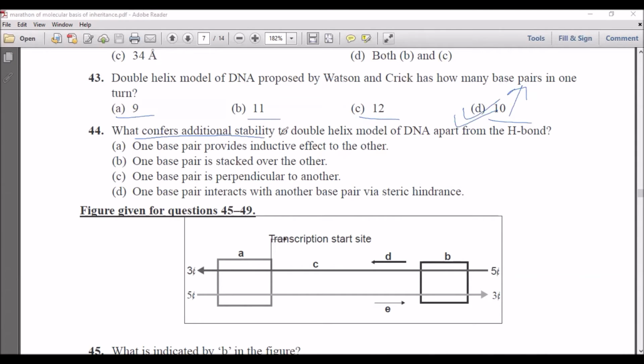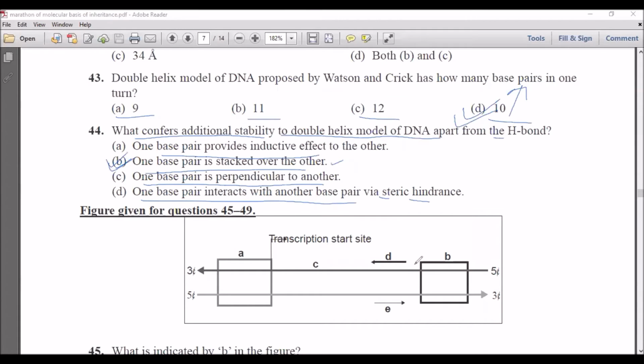What confers additional stability to the double helical model of DNA apart from hydrogen bonds? Options are: first, one base pair provides inductive effect. Second, one base pair is stacked over the other. Third, one base pair is perpendicular to another. Fourth, one base pair interacts with another base pair by steric hindrance. Now we know that one base pair is stacked over the other. So option B is the correct answer.